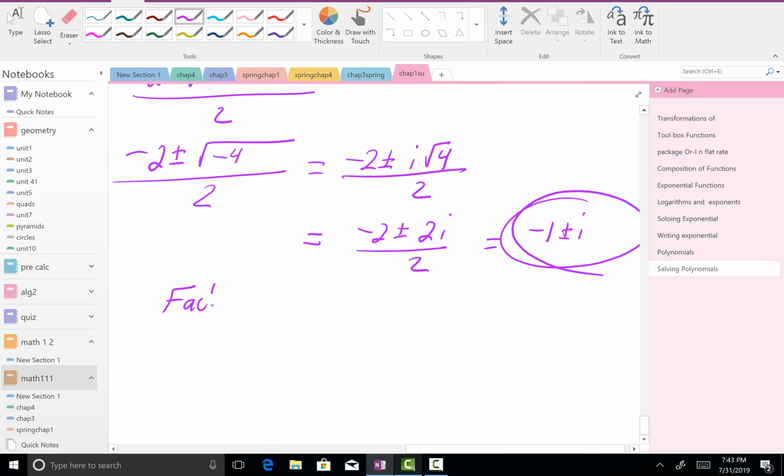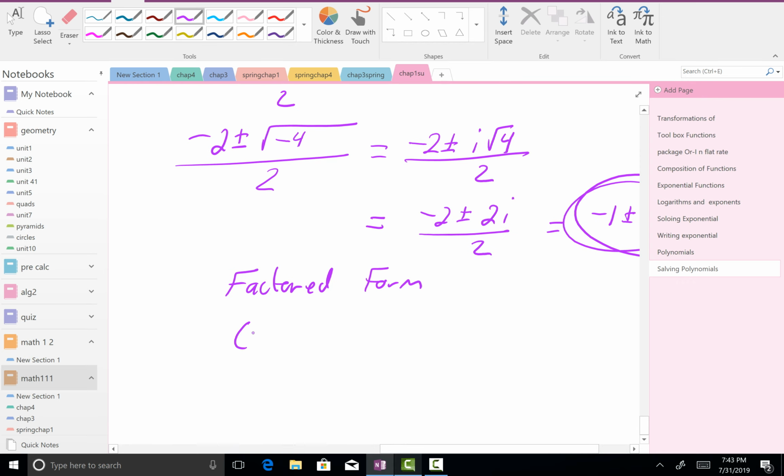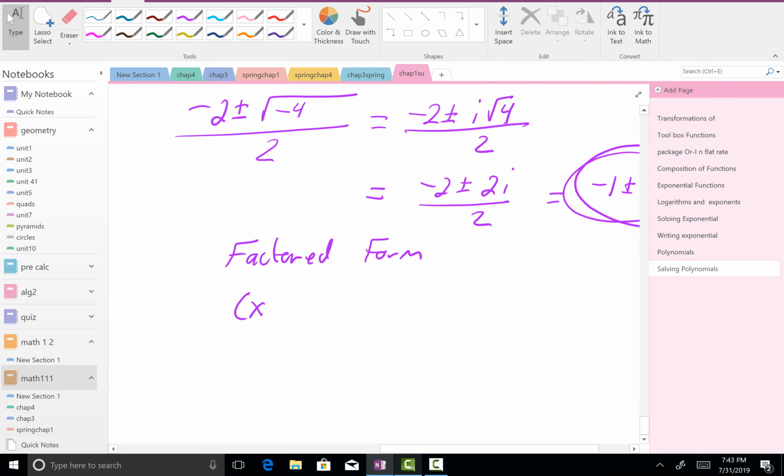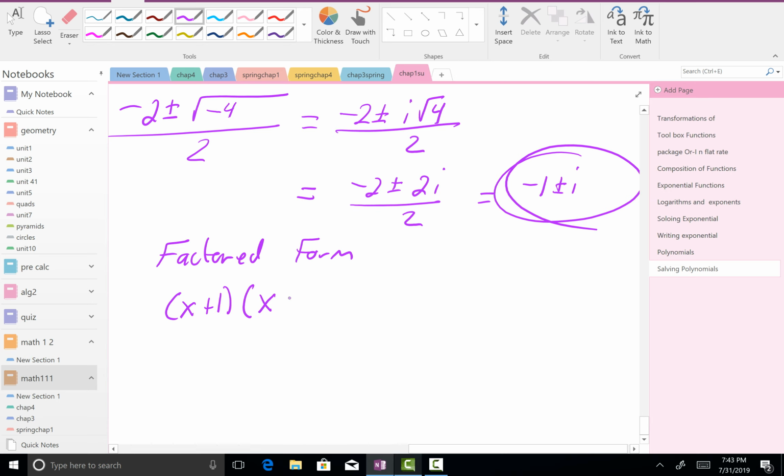If they ask you to write this in factored form, then we would go x, that x-intercept was -1, plus 1, okay, parentheses, x minus parentheses. I'm going to take one of these and put it in there.